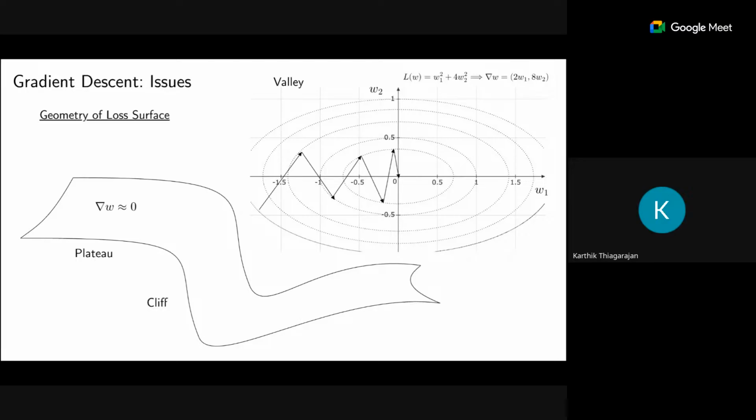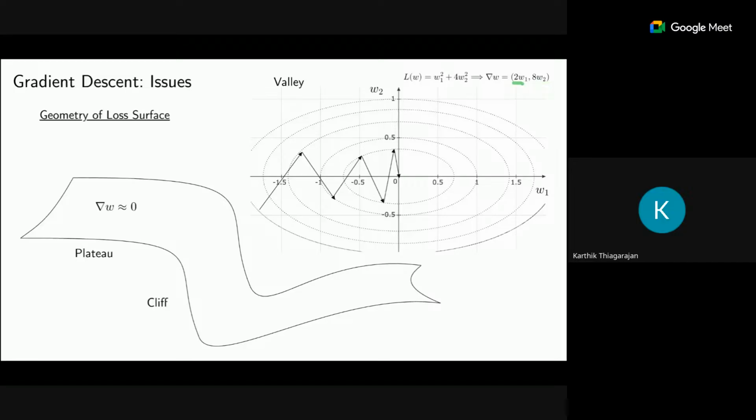If you look at the gradient here, there are two components. There is some part of the gradient along the horizontal direction, some along the vertical direction. Which is more? Vertical. You can see this numerically also. You have an 8W2 here and a 2W1.